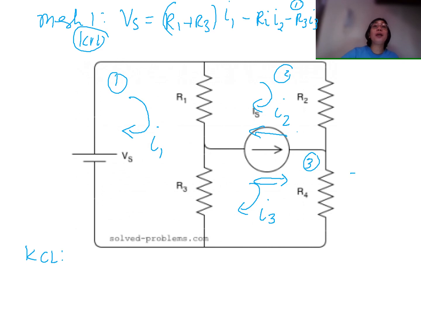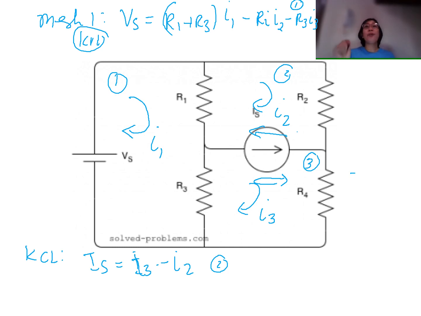Therefore, our KCL will be IS is equal to I3 minus I2. Let us call that our second equation.